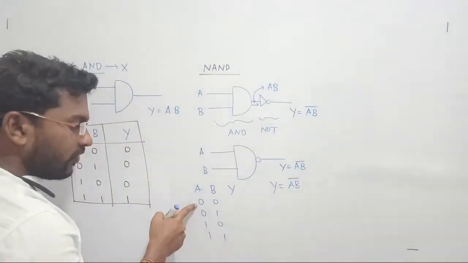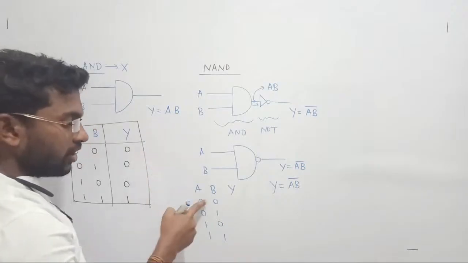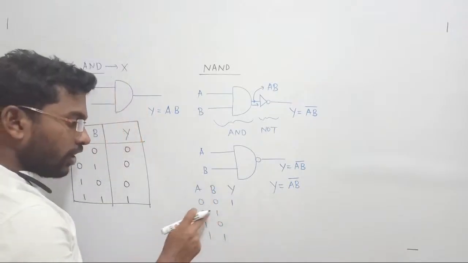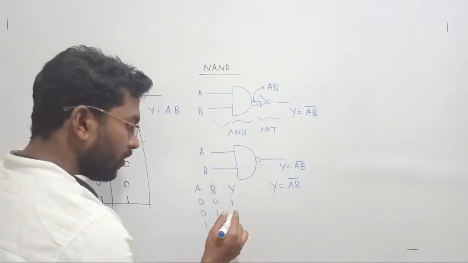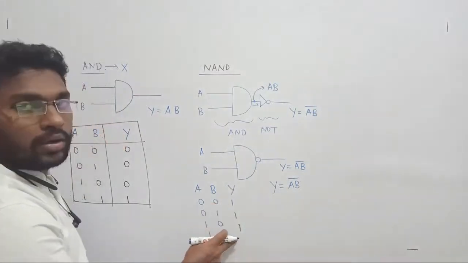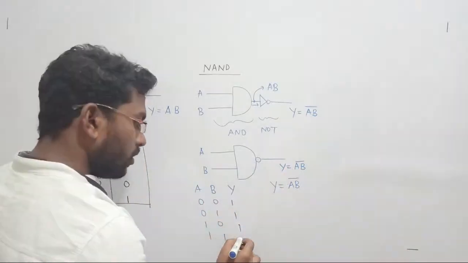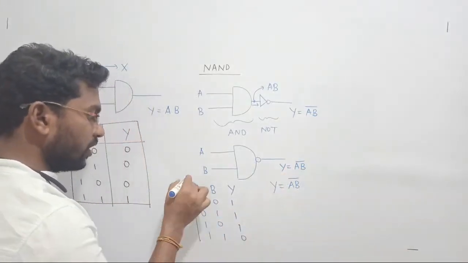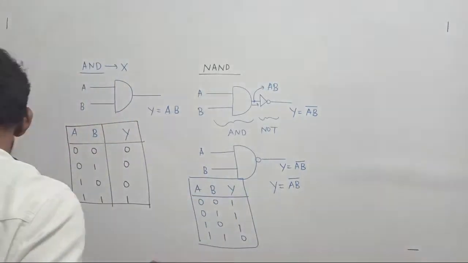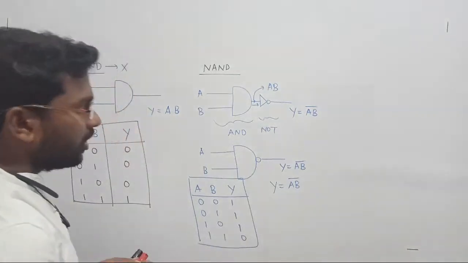So first let us perform AND operation. 0 into 0 will give you 0, and 0 bar will give you 1. 0 into 1 will give you 0, 0 bar will give you 1. 1 into 0 will be 0, 0 bar will be 1. 1 into 1, sorry, in case of AND gate 1 into 1 is 1, and 1 bar is 0. Clear? So that is the truth table of your NAND gate. I think this box is visible to you all.